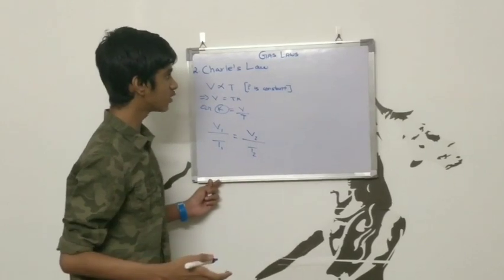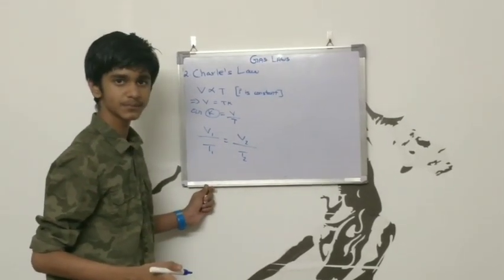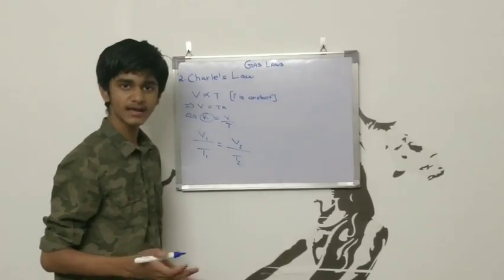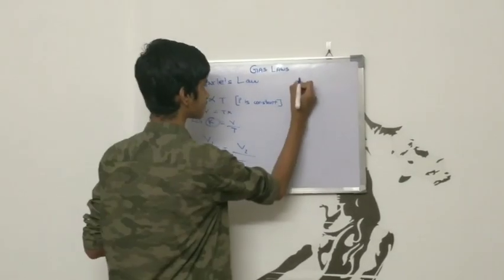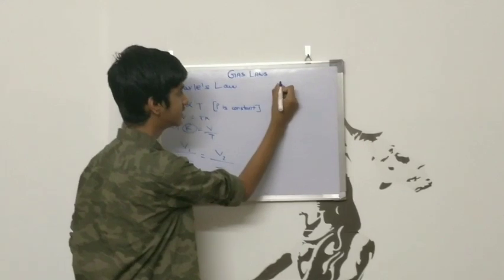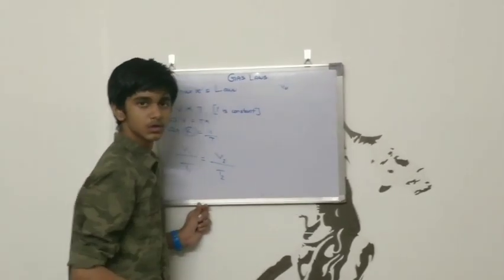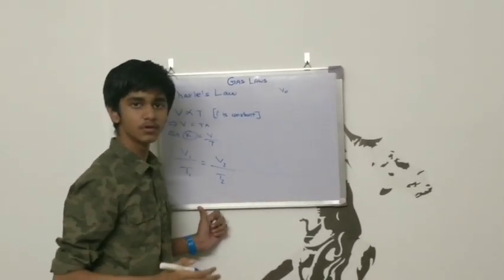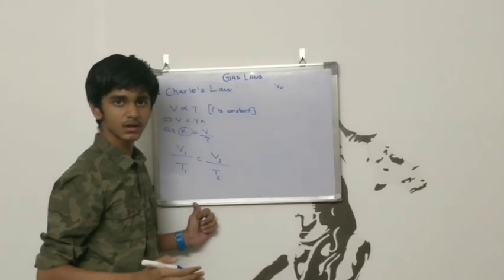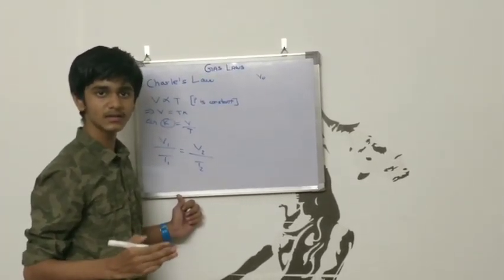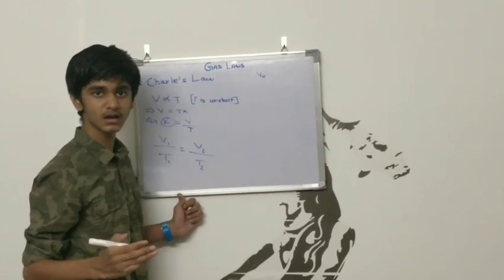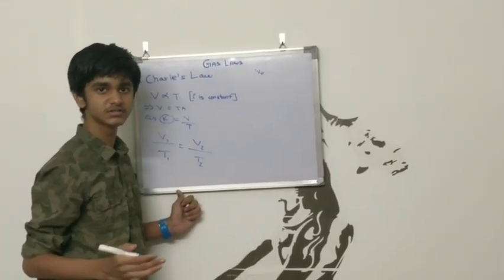Charles's law can also be stated in another way, which says that if we have a gas with volume V0 at 0 degrees Celsius, the volume of the gas would increase or decrease by 1 by 273 for every increase or decrease in temperature by 1 degree Celsius respectively.